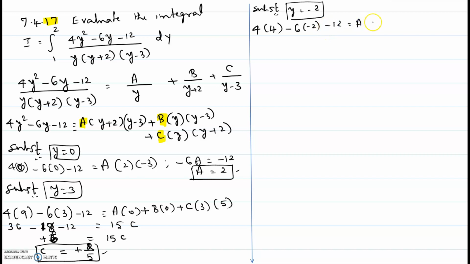When you plug in negative 2, the A term will be gone, the C term would be gone, but B would be there. B times negative 2 times negative 5. So we get 16 plus 12 minus 12 equal to 10B. So we get B equal to 16 over 10, which will be 8 over 5.